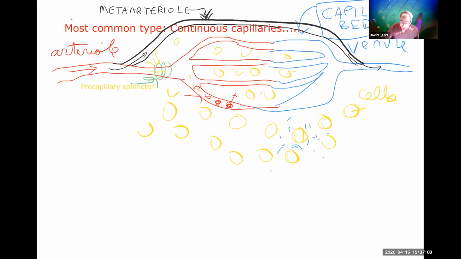We often call it interstitial fluid. Interstices are the little spaces between. So the interstitial fluid is just the fluid that is in the spaces around the cells.